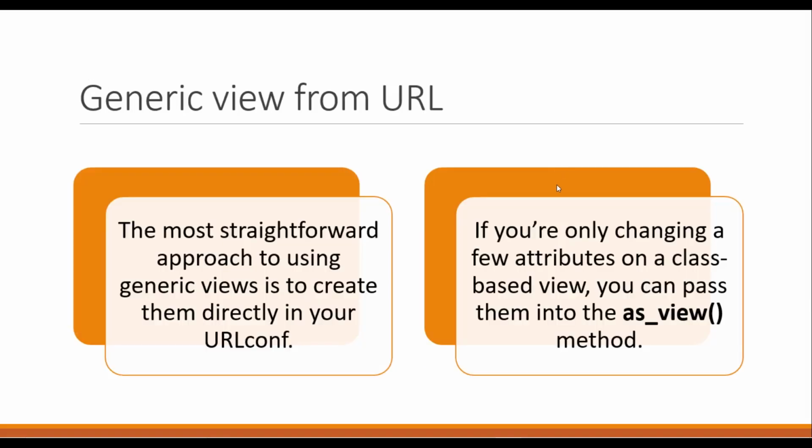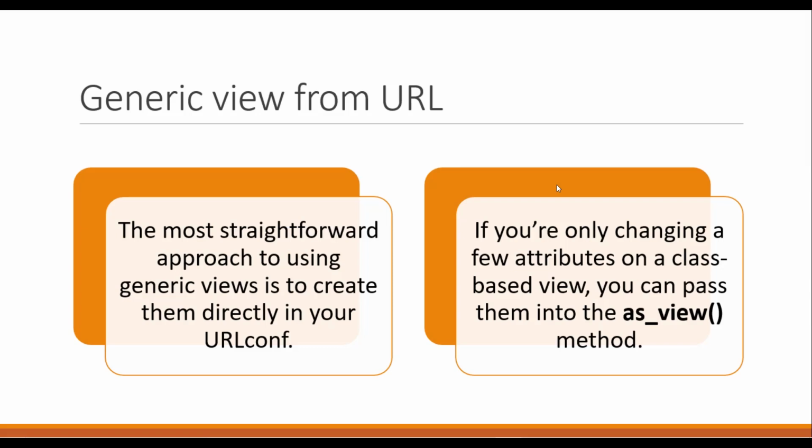Now we will move ahead and learn to use the generic views in Django. There are two ways to use the generic views, either directly from the URL file or from the view file. Let's see an example of both ways, one by one, and try to understand. The first one is the generic view from the URL file.